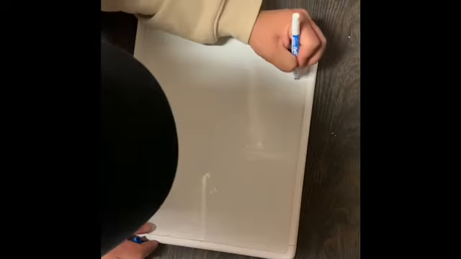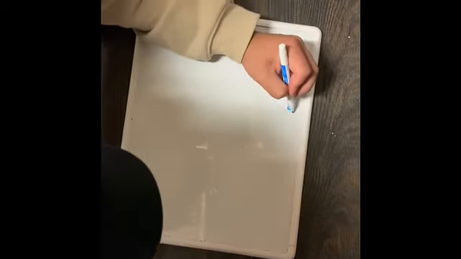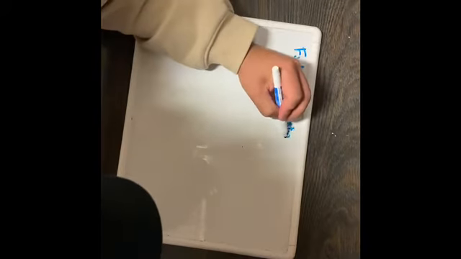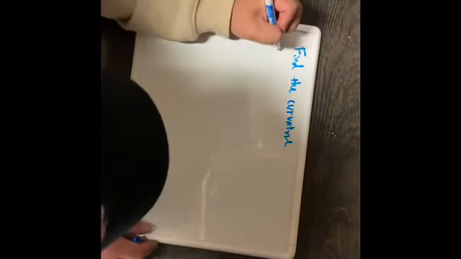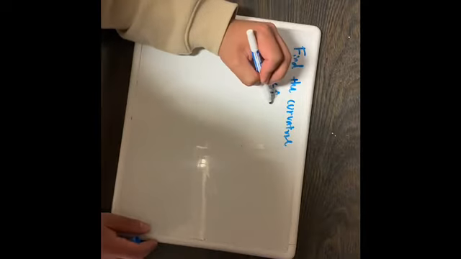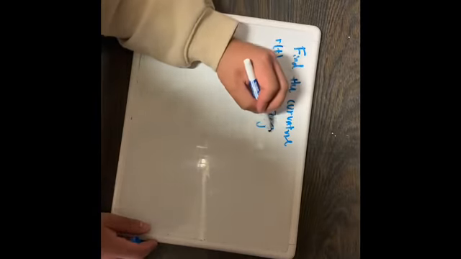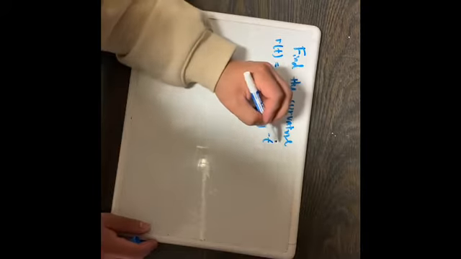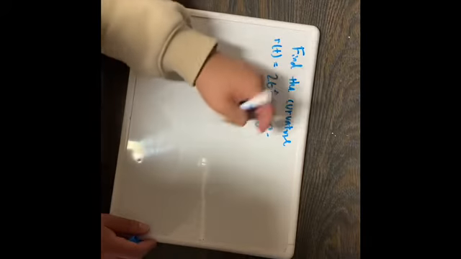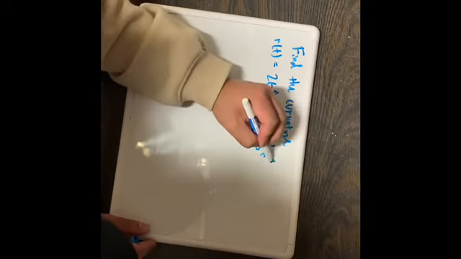Okay, so let's find the curvature. So we're given r of t equals 2t i plus 2t j minus 1 over 3 t cubed k.